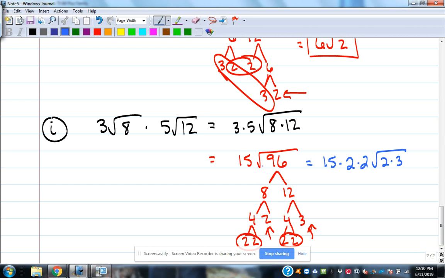The 15 was already there. Each 2 is a representative from the pair of 2s: 1, 2, 1, 2. So that'd be 15 times 2 is 30, times another 2 would be 60, and then 2 times 3 is 6 on the inside.